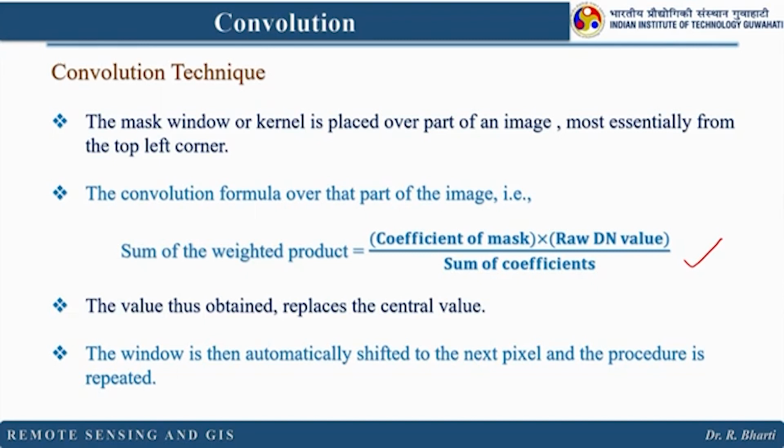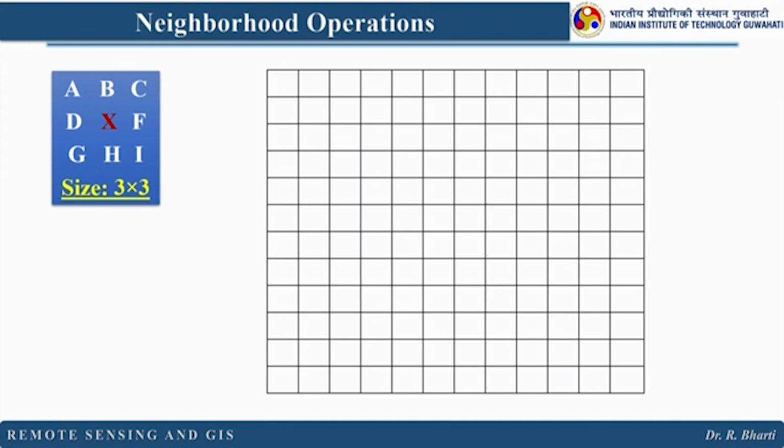This is how we cover the whole image. Let us see an example where this is the size of your kernel, where X is your central pixel and A, B, C, D, F, G, H, I are all basically weightage.